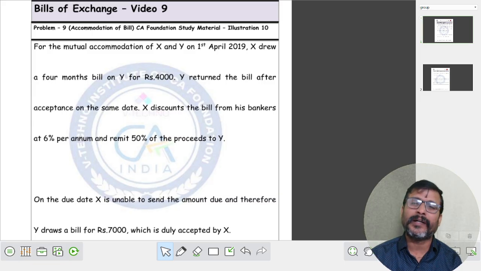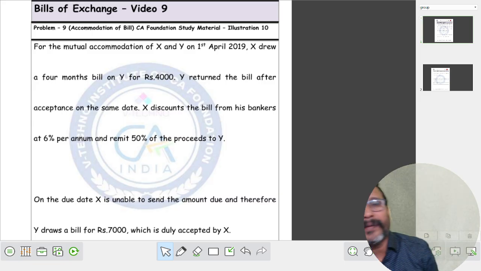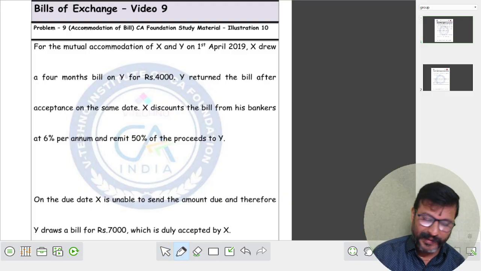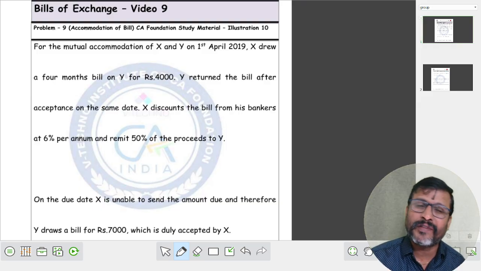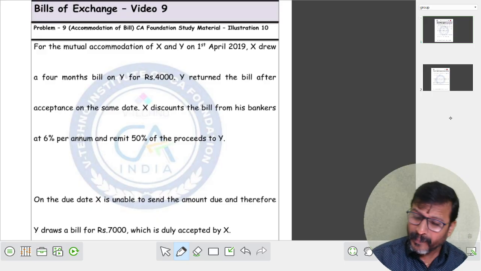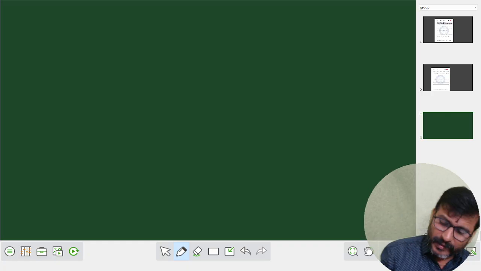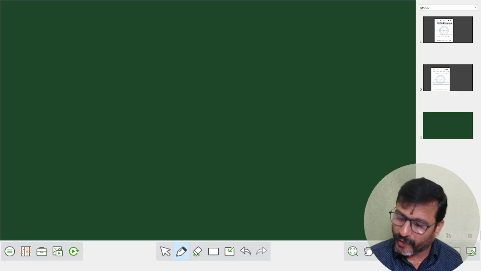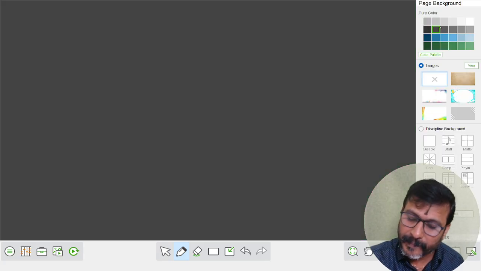That is called the mutual accommodation of a bill. In this session, let us learn the ninth problem of this Bills of Exchange chapter. Before that, let us have a format for a working sheet.